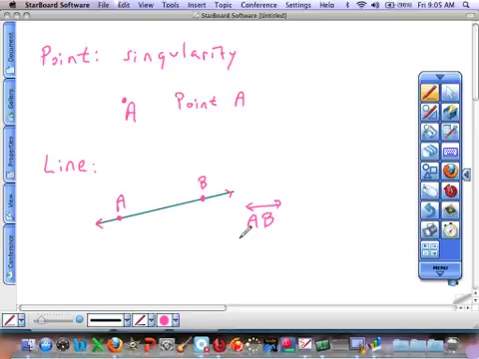Okay, so we can say line AB. Another way that we'll often do this is there's at the end of the line a little lowercase cursive letter, usually M or N. We would call that line M. Like I said, a lot about geometry is learning how to interpret what you're seeing. So we're going to read that as line AB or line M.